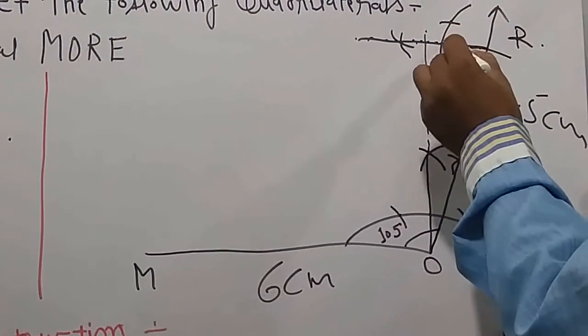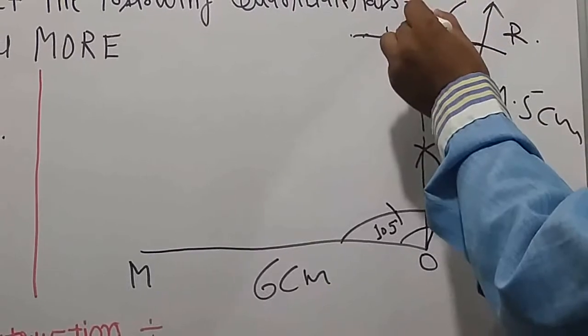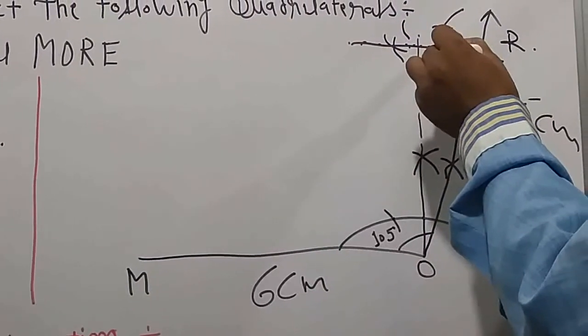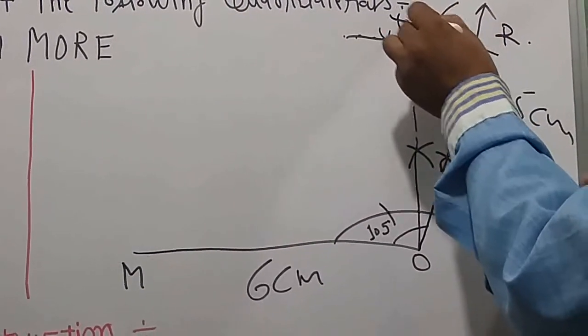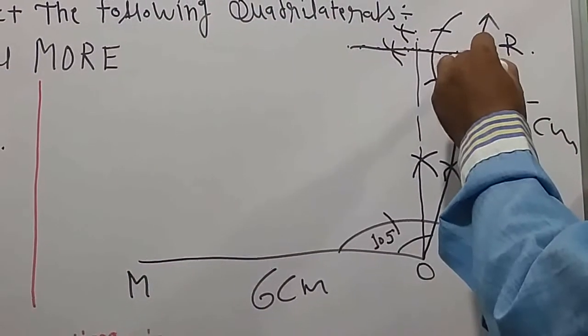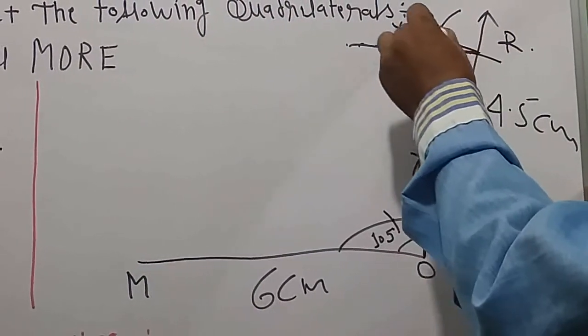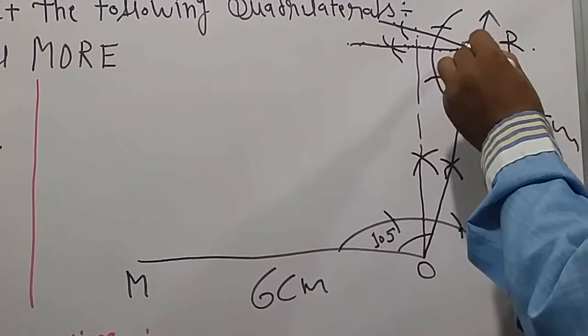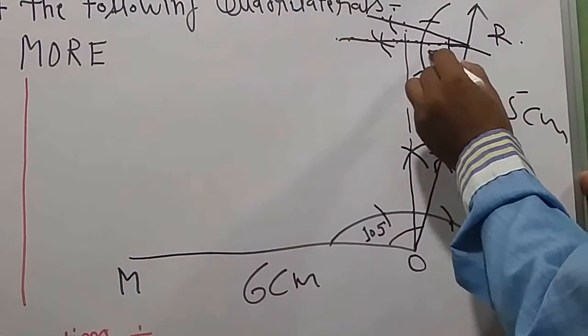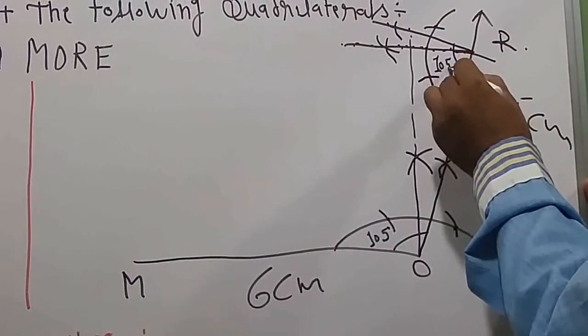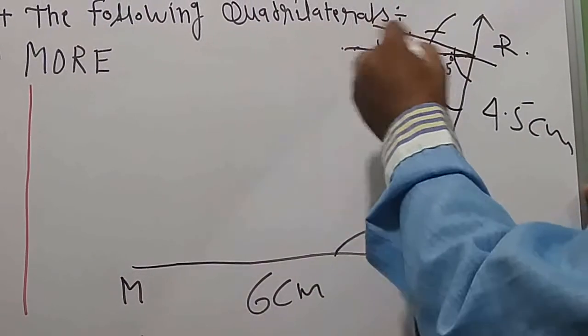And then from this point and this point, one arc from here and one arc from this point. Then we join this also. It again gives you the angle of 105 degree.